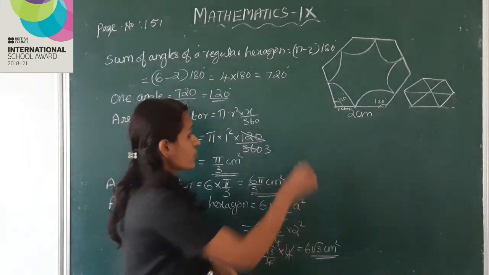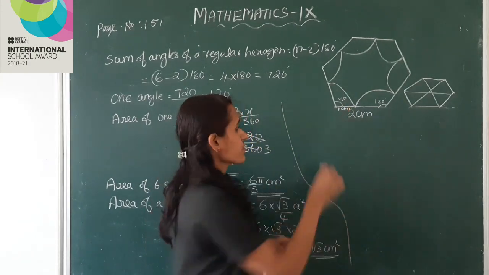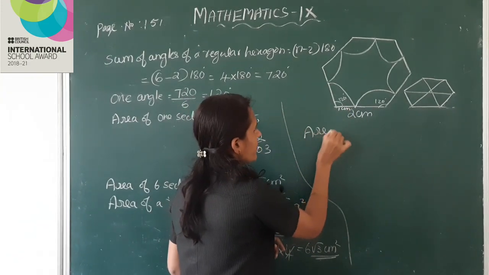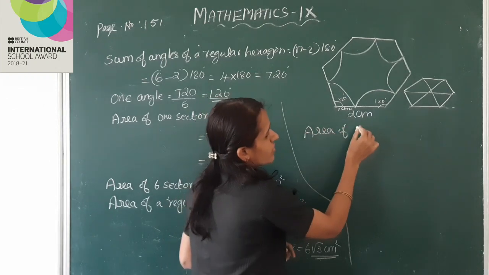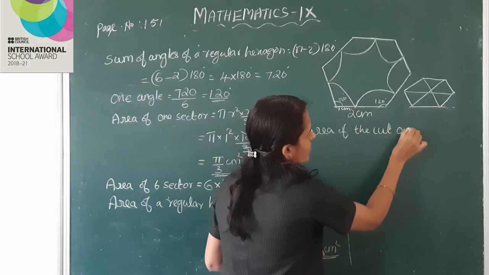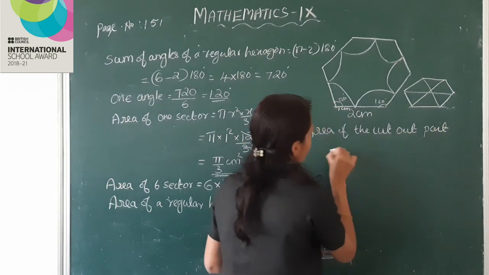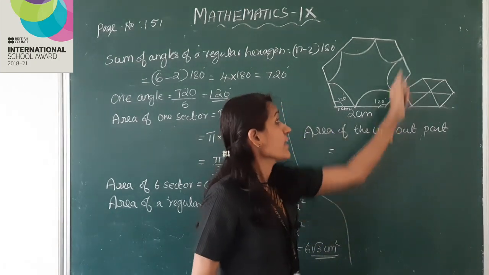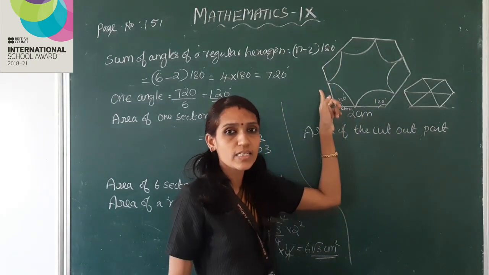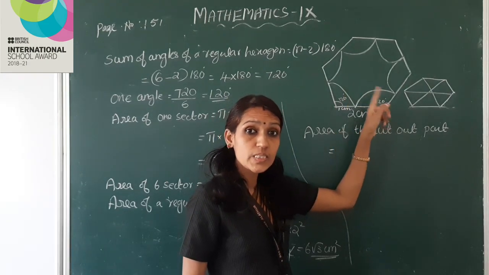Next we have to find area of the cutout figure. Area of the cutout part is equal to area of the regular hexagon minus area of 6 sectors.